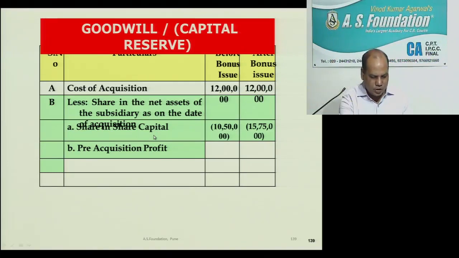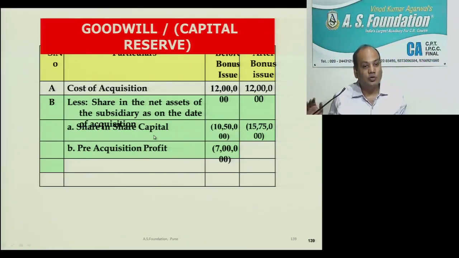What is the pre-acquisition profit in the balance sheet? 10 lakh into 70%. But after the bonus issue, you have transferred 7,50,000 to share capital.